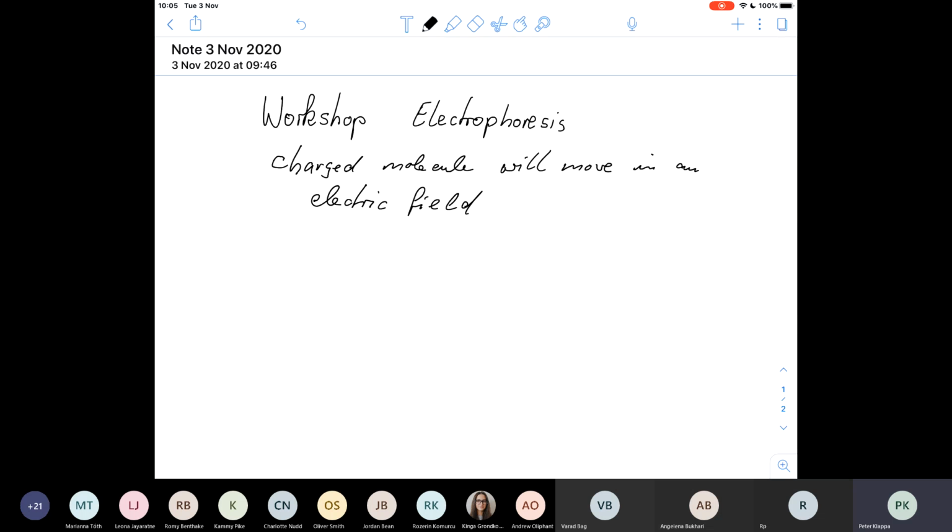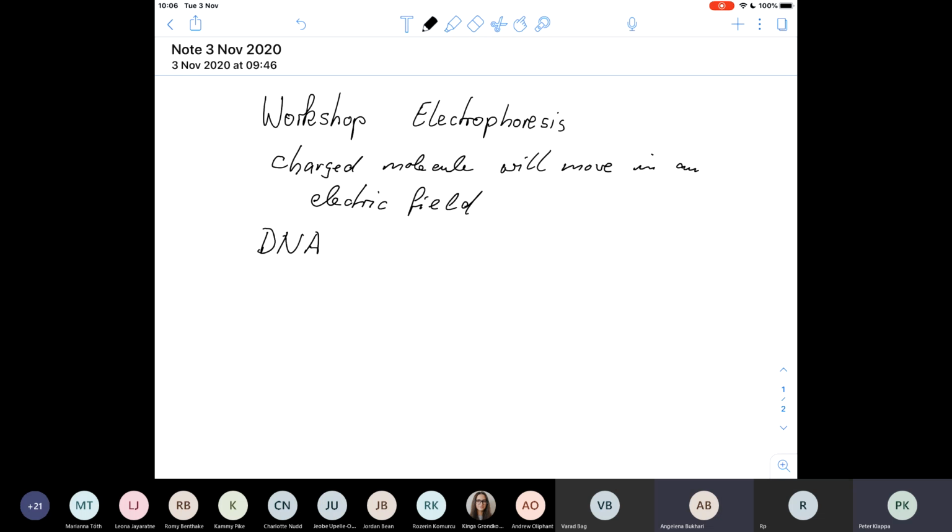So what we have here, charged molecule, and we can either use DNA. How is DNA charged? What is the charge of DNA? Electrically.